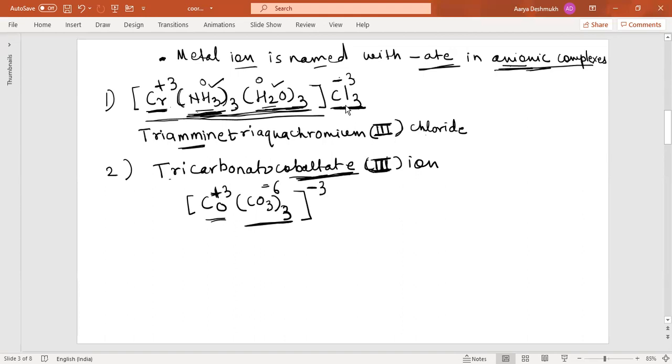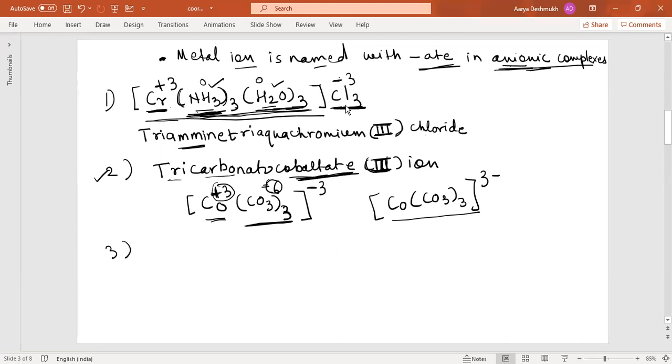That is -3. We are not expected to write the charges here. Remember, this is for your understanding only. So the name of this complex will be written with CO3 thrice. From the name which is given, you should be able to write the correct formula for this complex.